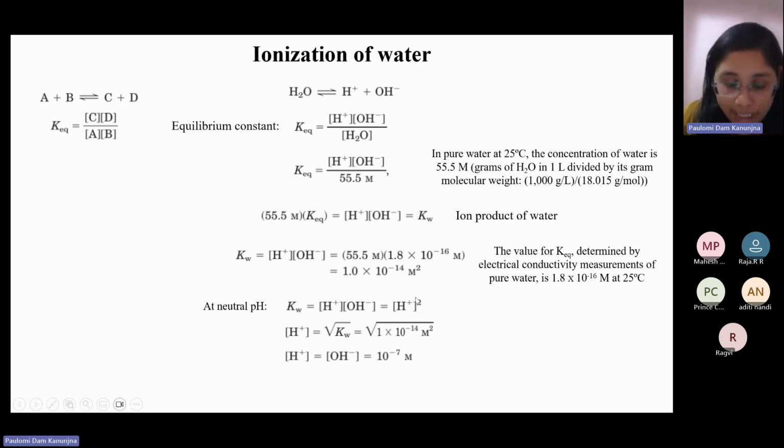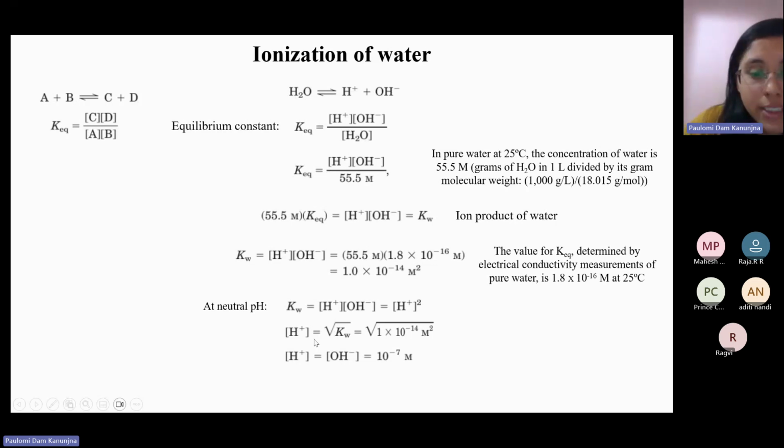Now at neutral pH, H plus and OH minus concentrations are equal. So if you substitute that value here, instead of H plus and OH minus, you write H plus squared, which is basically the squared value of the H plus ions. That means your ion product is now determined only by the squared value of H plus ions.